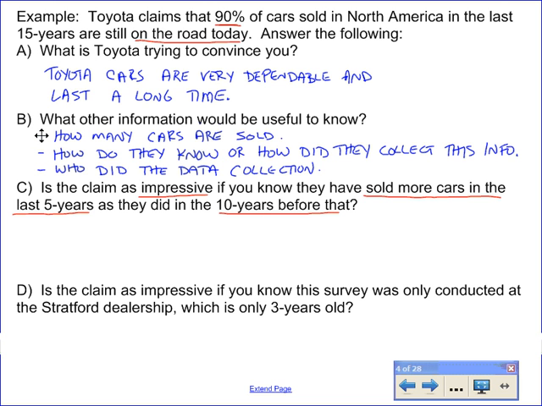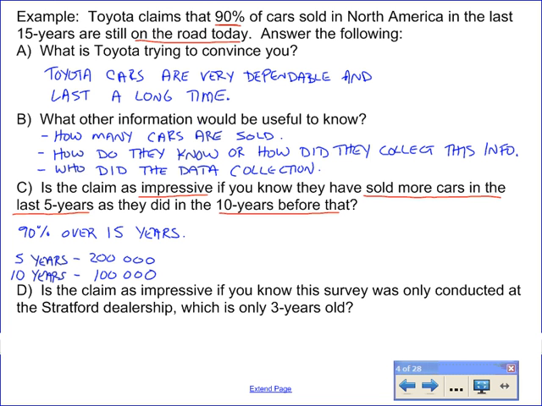So the claim was 90% over 15 years. So what I'm telling you, if I told you that they sold more in the last 5 years, so for example, let's say 5 years, they sold, say, 200,000 cars. I'm making this up. 10 years, let's say they only sold 100,000.